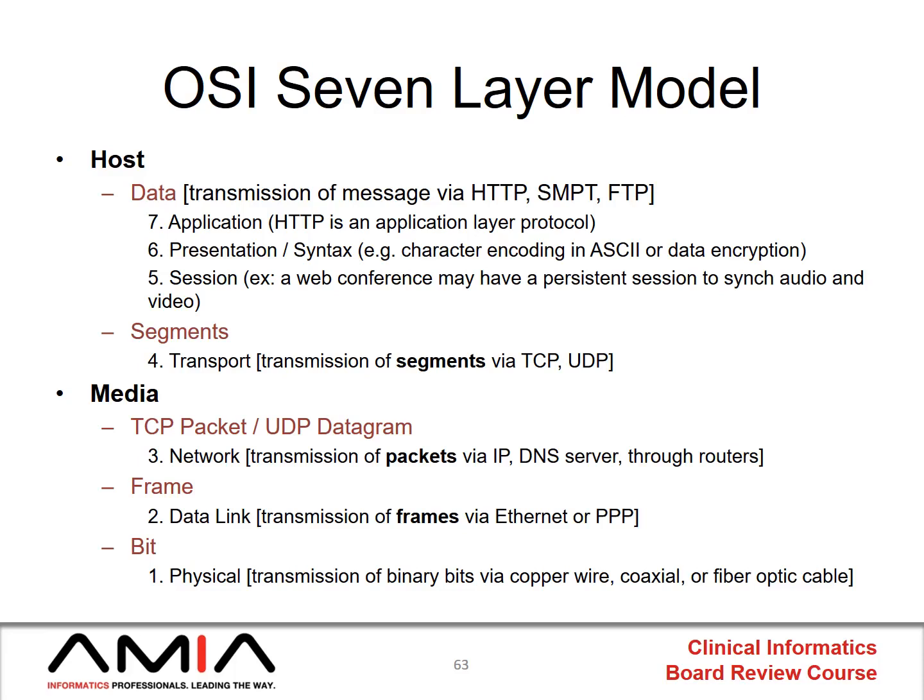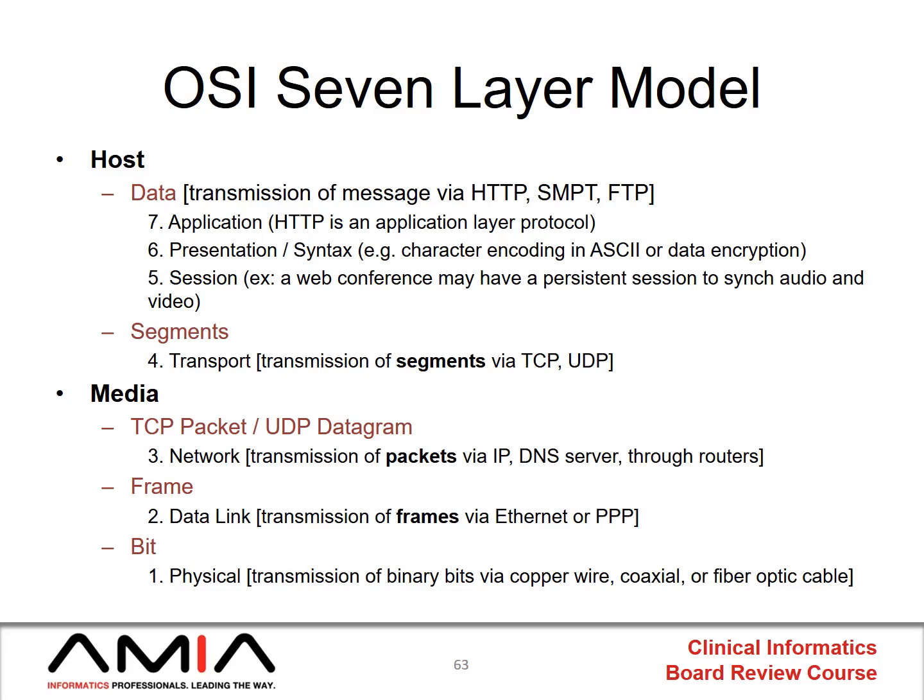There's a transport layer, which is where these segments actually get transmitted. That happens at the TCP and UDP, using TCP and UDP. There's a media segment where the TCP packets on the network layer get transmitted as packets via Internet Protocol through DNS servers and routers. There's the data link layer where I'm now transmitting frames of data that includes packets, that includes segments, via Ethernet.